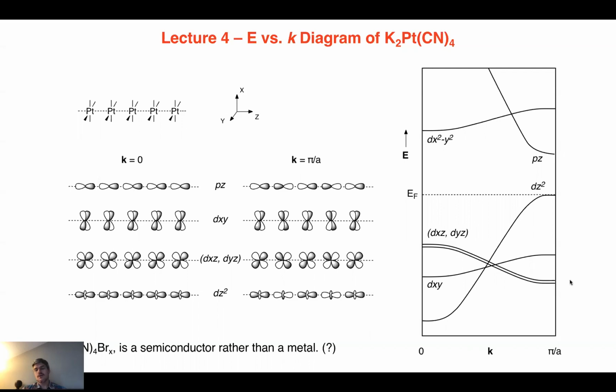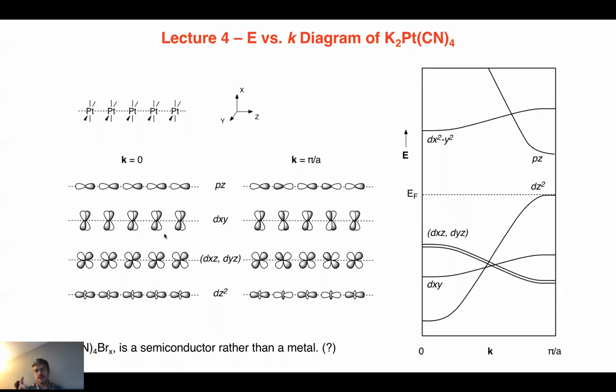Okay, so the other thing that you notice here is that the spread, the bandwidth, is different. Why is the bandwidth different? Would somebody please comment? Is it the strength of the overlap between the different orbitals?